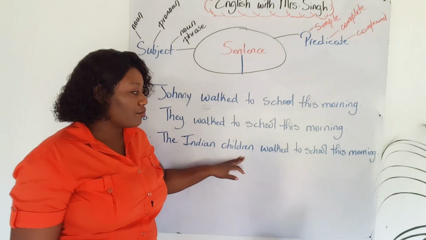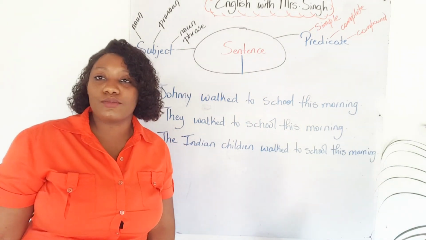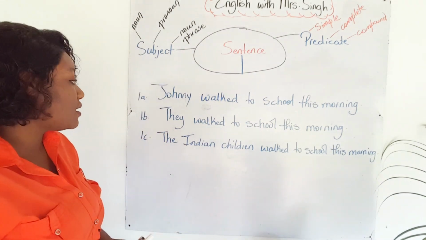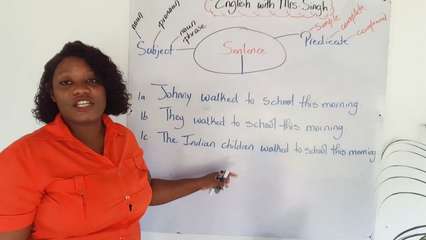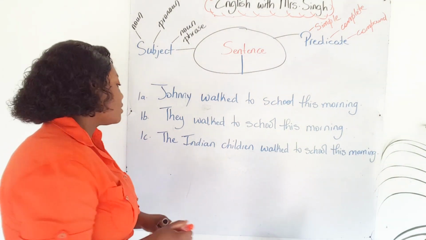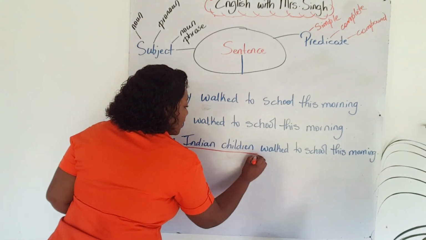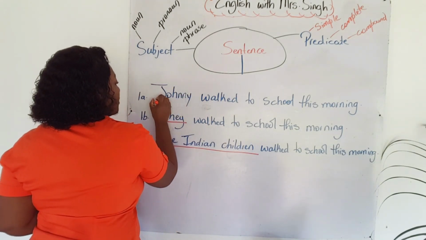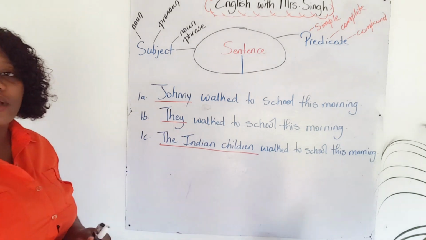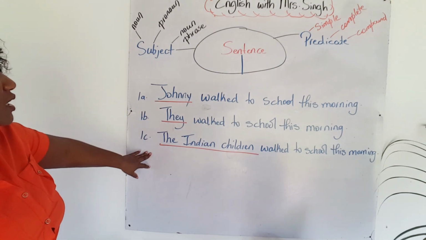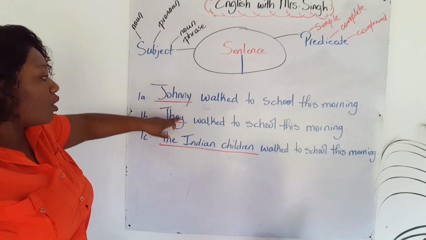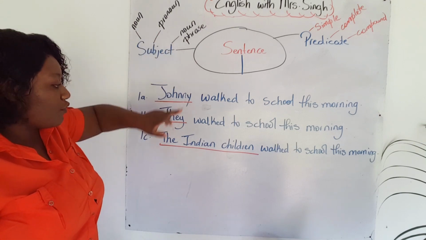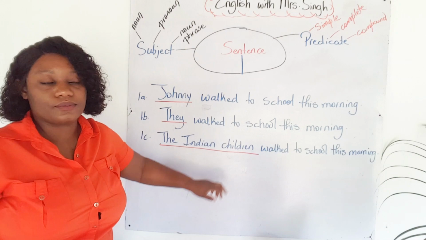The Indian children walked to school this morning. In this sentence, our noun phrase is the Indian children. Let us go ahead and underline each part of our subject here. So our subject: a noun, Johnny; pronoun, they; noun phrase, the Indian children.